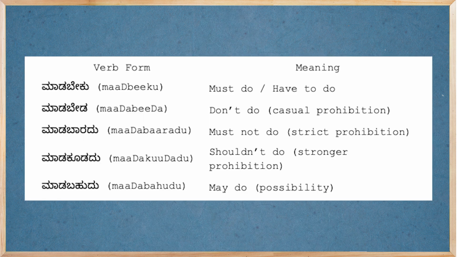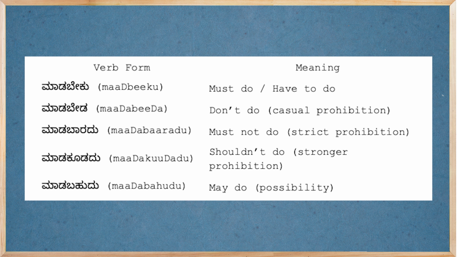Verb form madabeku means must do or have to do. The verb form madabeda means don't do. This is a casual prohibition. The verb form madabaradu means must not do.